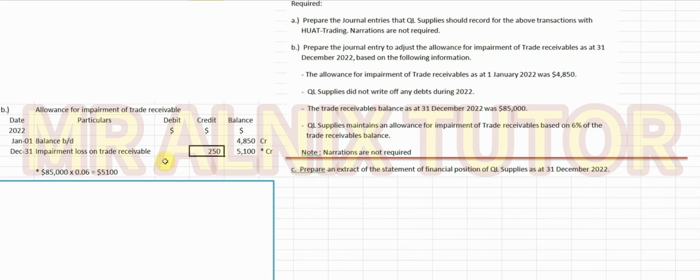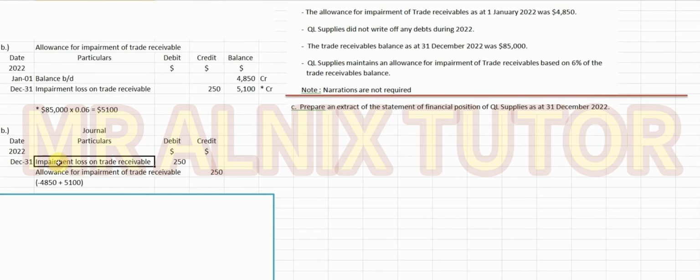Alright, so now I have my journal entry. I credit my allowance, debit my impairment loss. So I debit my impairment loss, credit my allowance, 250, then I have solved the question.